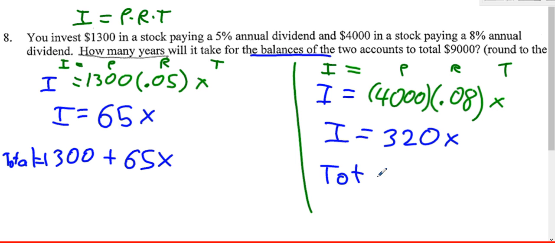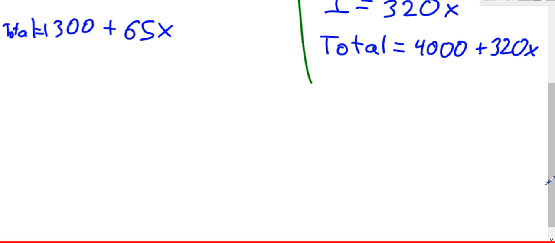This one, the total started with 4,000. We're adding on the interest, 320x. And then it said, when will the two accounts combined equal 9,000?